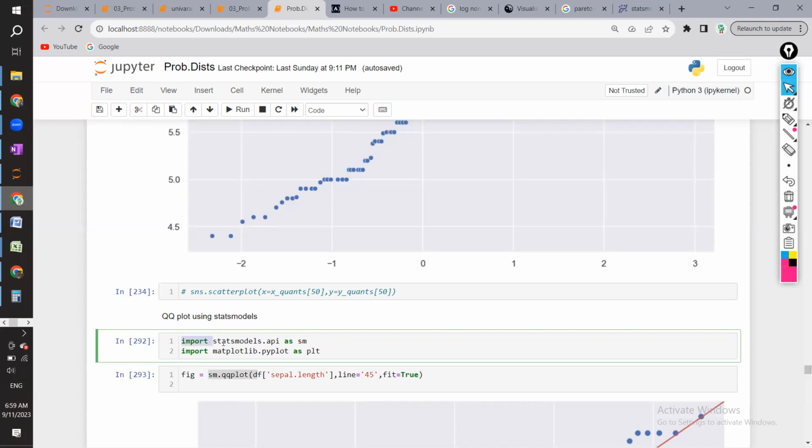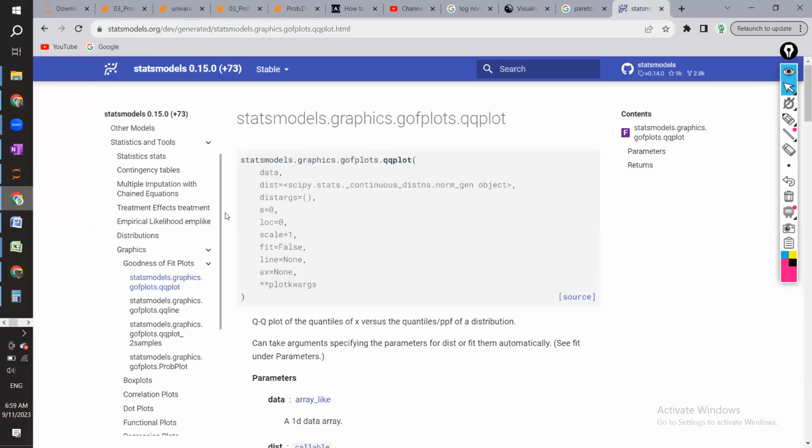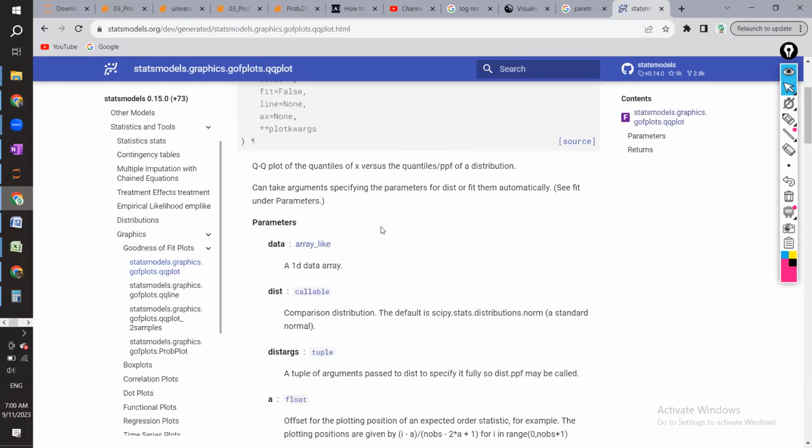Always follow only that. For matplotlib, pandas, numpy, I will show when we come across that. But for statsmodels, this is the official website. Here, if you see in the qqplot, this is the actual library. Inside this, you need to give data, distributions. All these are default parameters. But mainly what we are giving is what we are using.